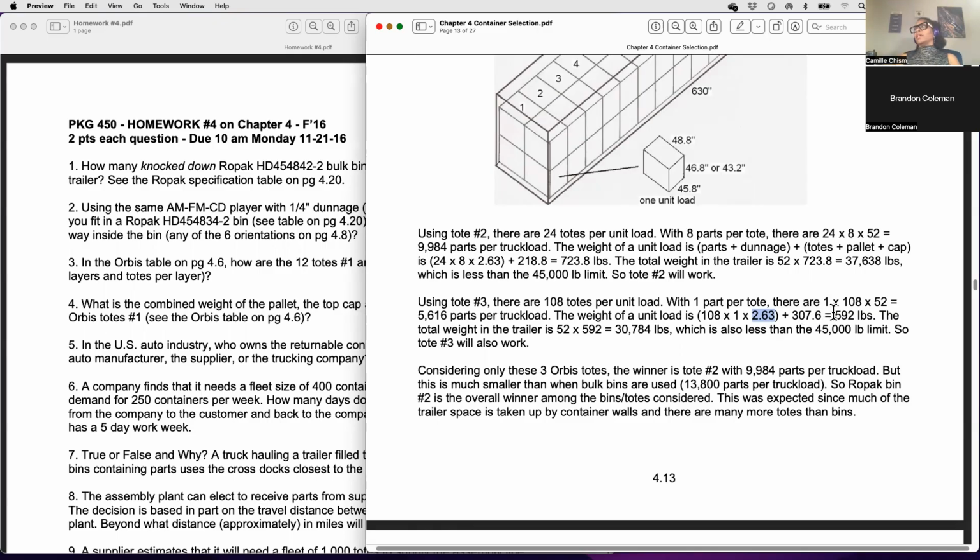So each pallet is going to weigh 592 pounds. For each unit load, or each fully loaded pallet with parts and totes, it's going to weigh 592 pounds, so just under 600 pounds.